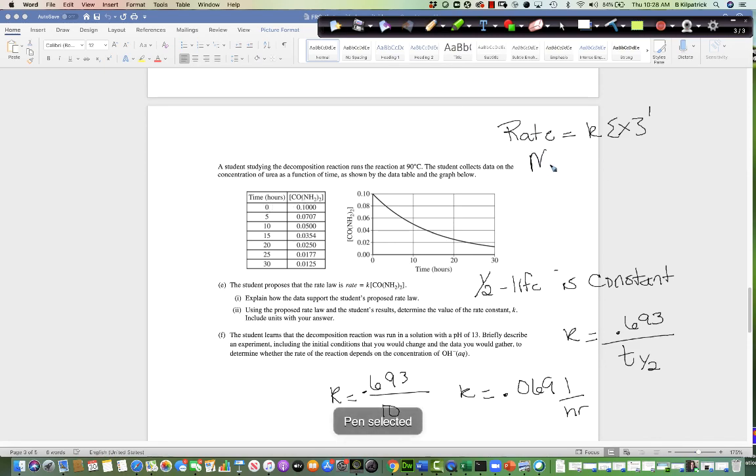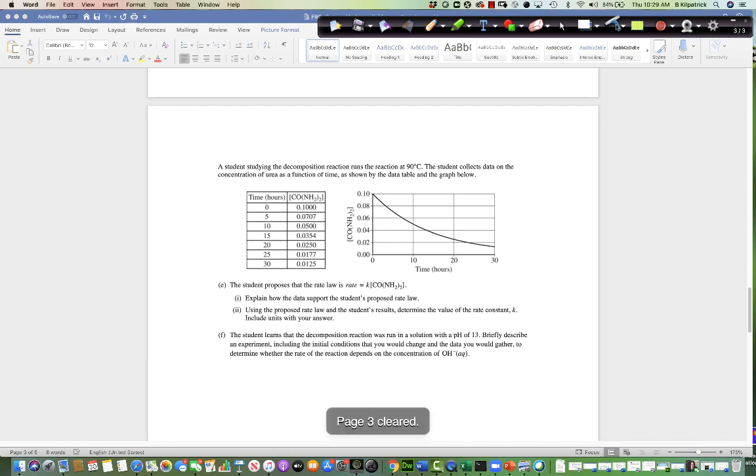So my rate unit would be molarity divided by hours. I don't know what k is, and I know that molarity is big M. Well, what do I need here to get to this point? I have a big M, and I don't want to get rid of it. I don't have the time unit, so I need to have 1 over an hour. That's my unit.